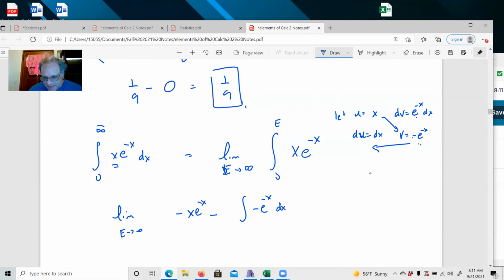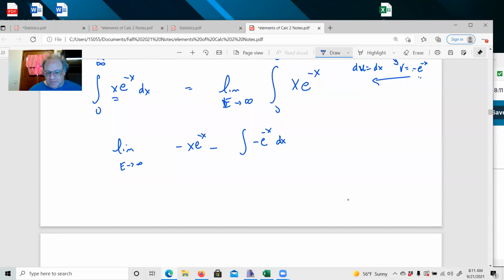Let's clean this up a little bit. Again, we're going from 0 to E. This limit's here, technically 0 to E here.